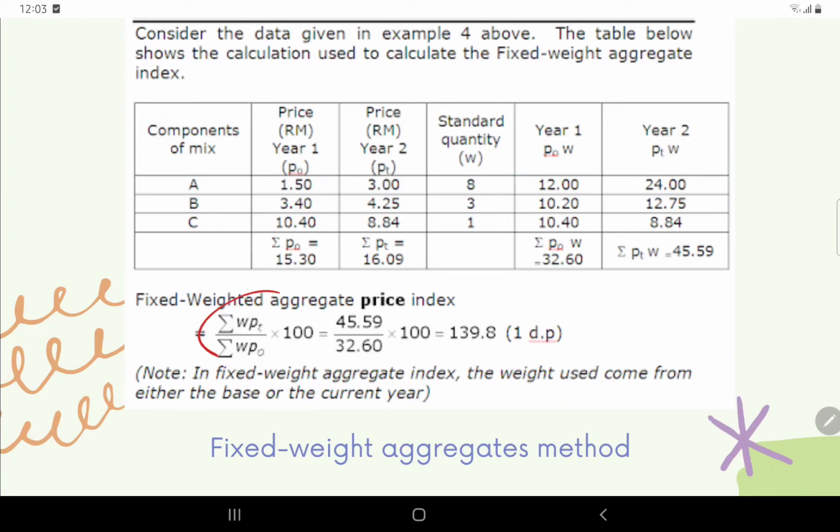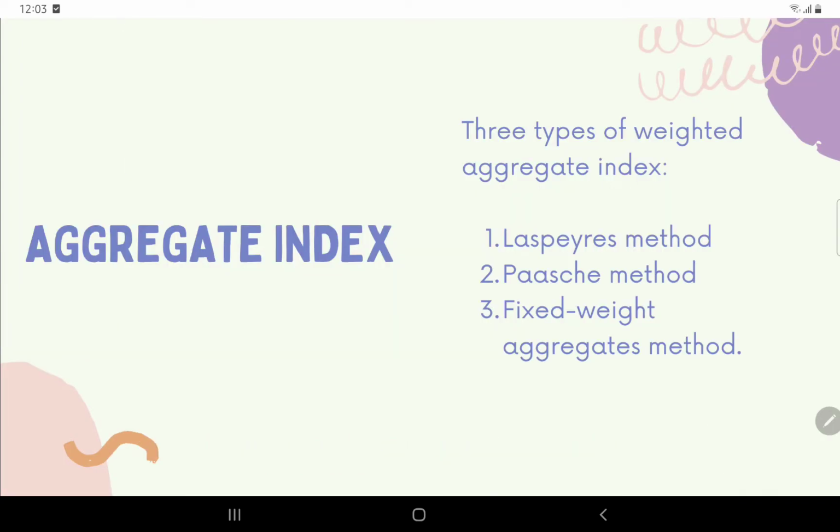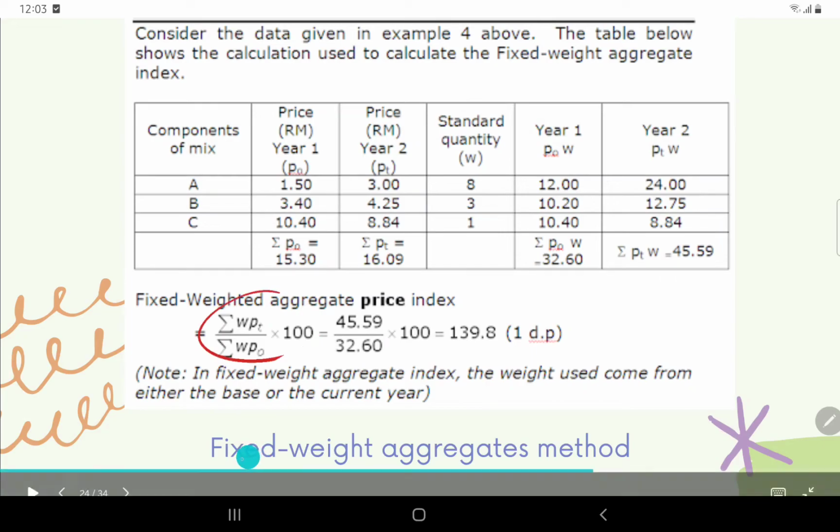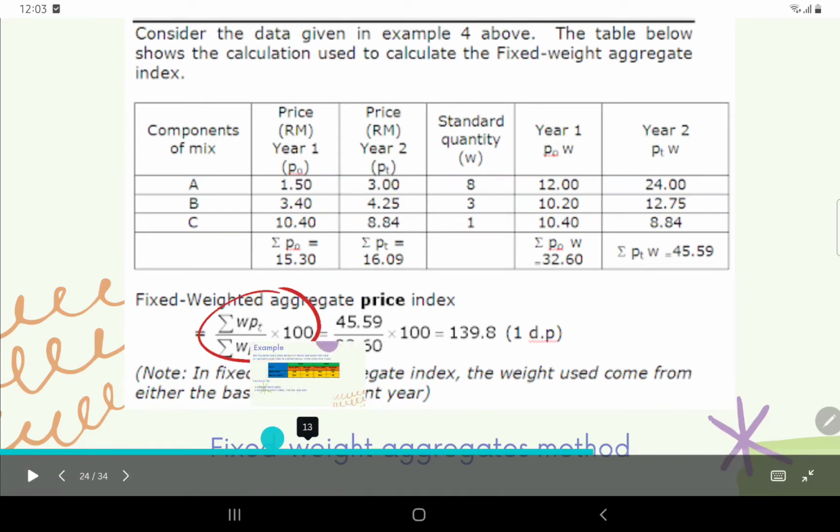So this table shows the calculation used to calculate the fixed weight aggregate index. Okay, yang ni fixed weight aggregate method. Okay, so ini untuk solution using fixed weight aggregate method.